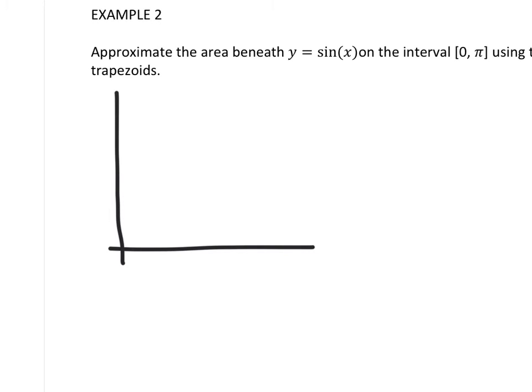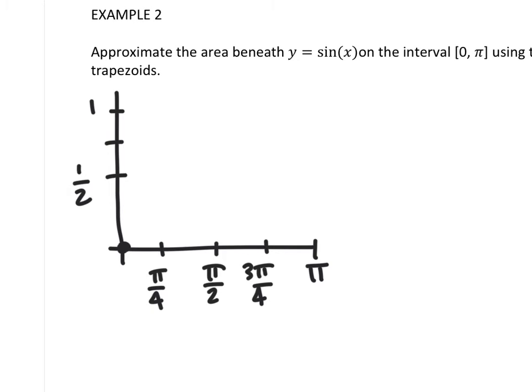Sine of 0 is at 0, and let me do that this is pi. Let me do pi over 2, and then pi over 4, and 3 pi over 4. And let me do this as 1, let me do 1/2, and then the square root of 2 over 2.